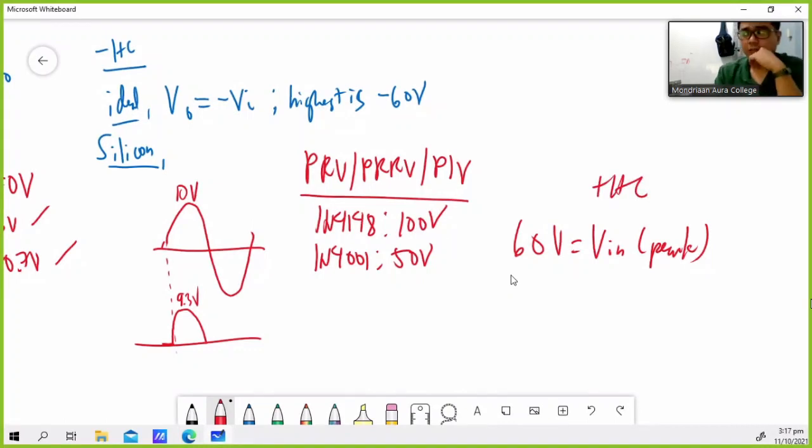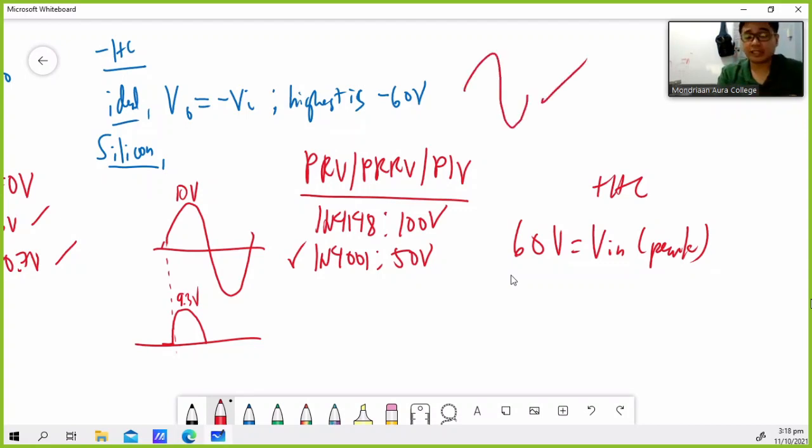So dapat daw hindi lumagpas doon sa ating PRRV. Ang PRRV ni 4001 is 50 volts. Lagpas si 60. So ibig sabihin, pag lumagpas siya doon, magko-conduct na siya in the reverse direction. So magiging walang silbi yung ating rectifier. Kung ito ang pinasok natin, ang lalabas ay ganyan din.